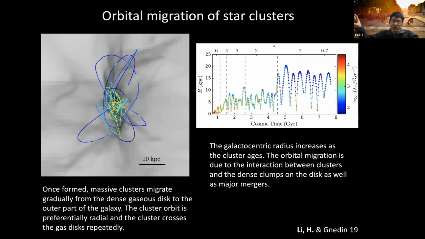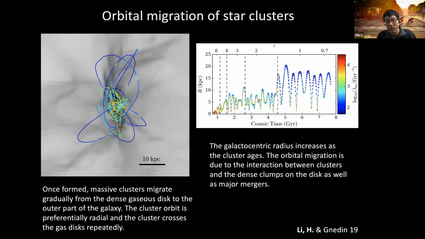But then there are some major mergers that bring up the energies of the orbits and disturb the galactic potential. And this disturbance leads to some fraction of the star clusters going to higher orbits, but not all of them. So this is a specific cluster that I picked that has these effects. Once there's a merger, this cluster will be ejected to higher orbits.